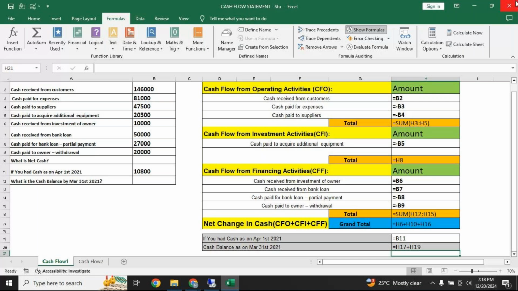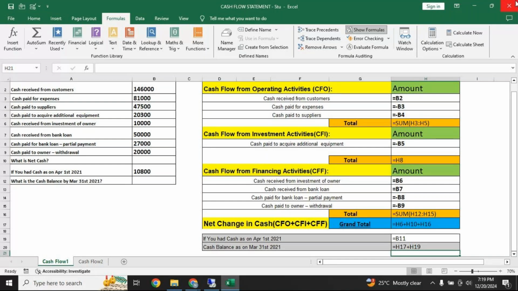I have marked Srushti. Okay, ma'am. Thank you.